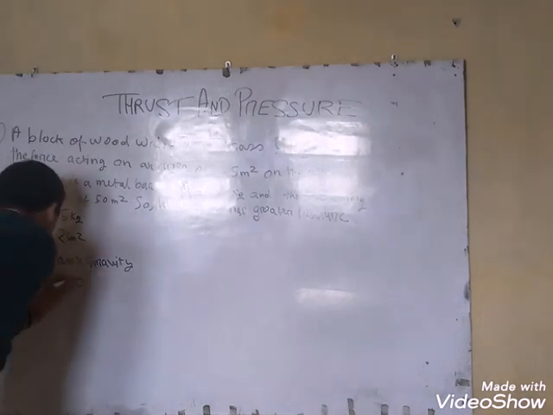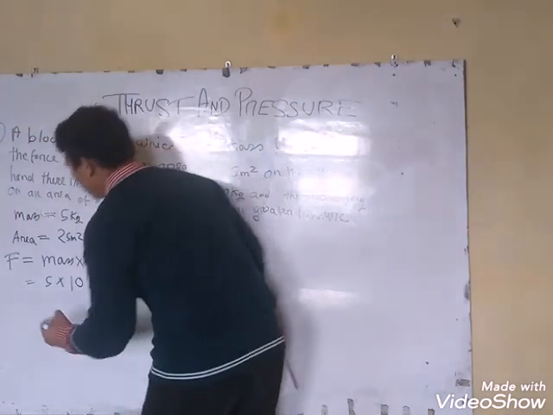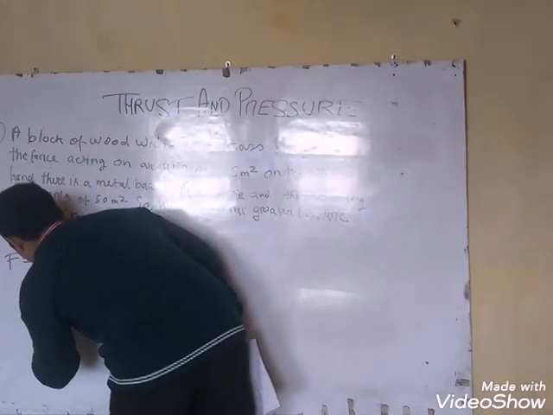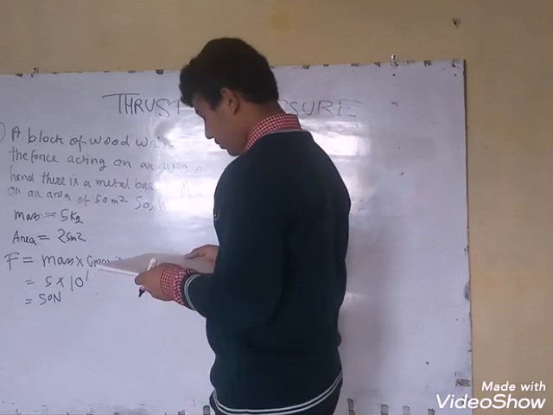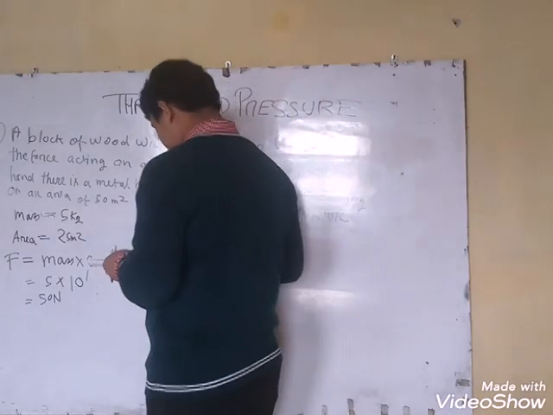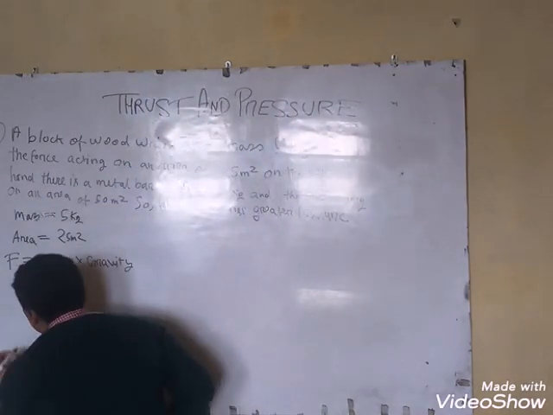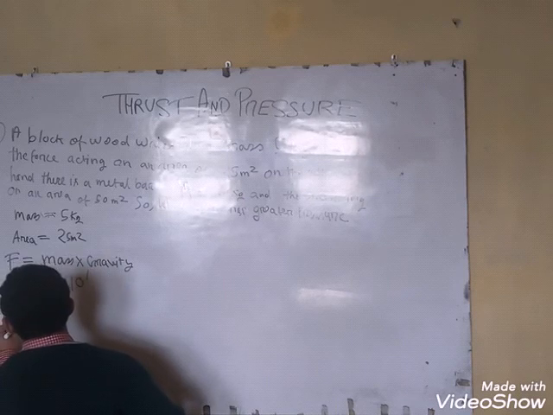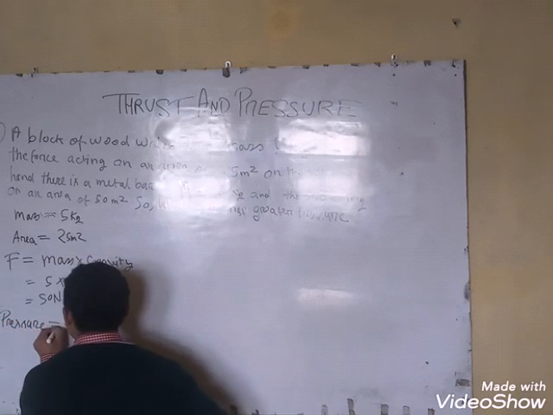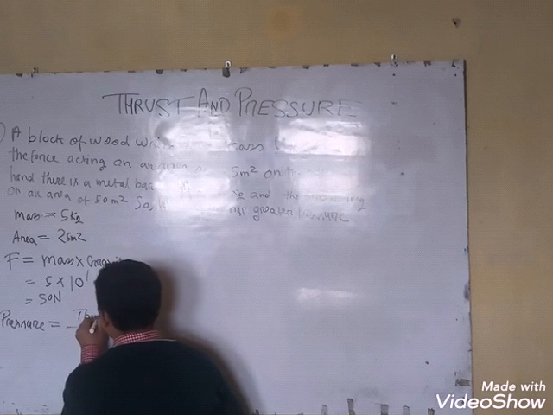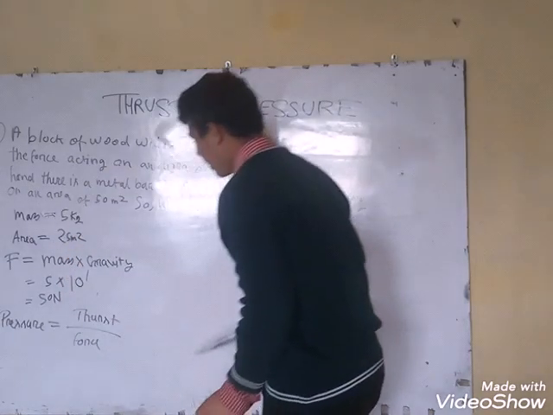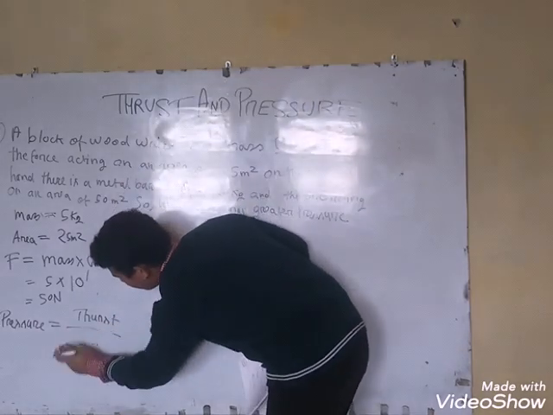So the force is 50 Newton. The formula of pressure is thrust by area.